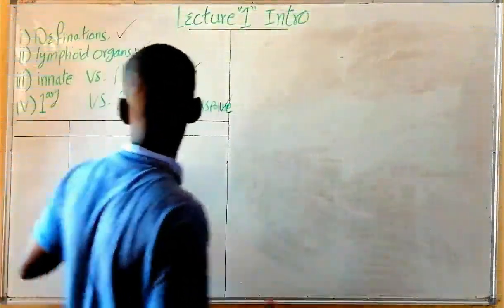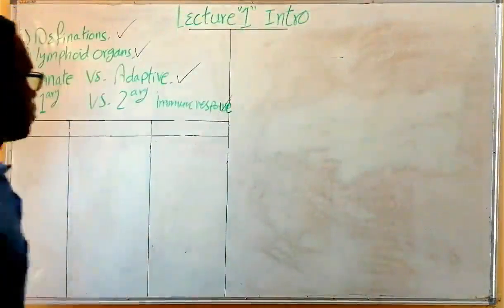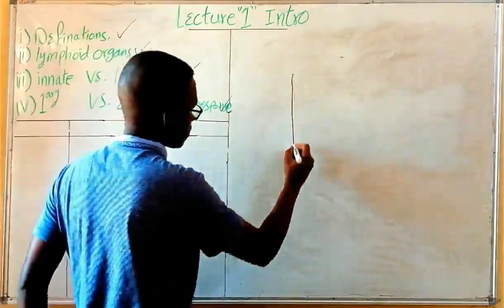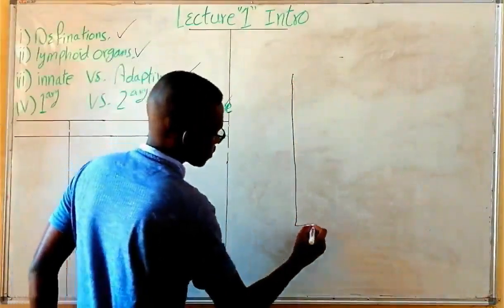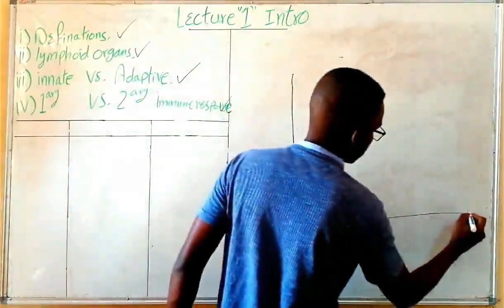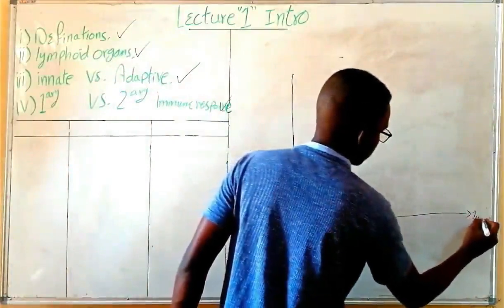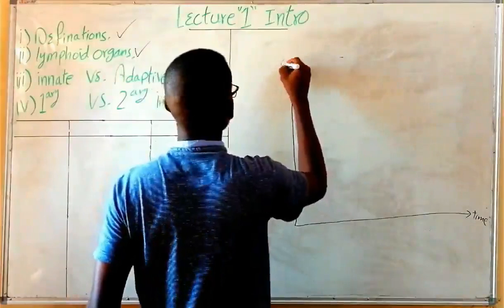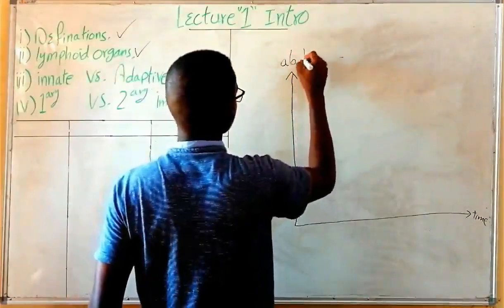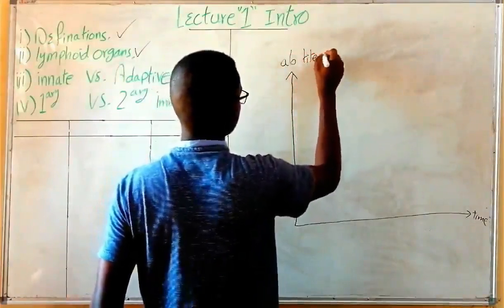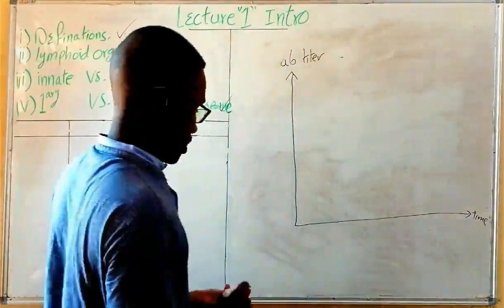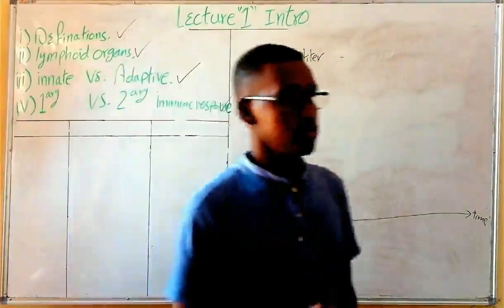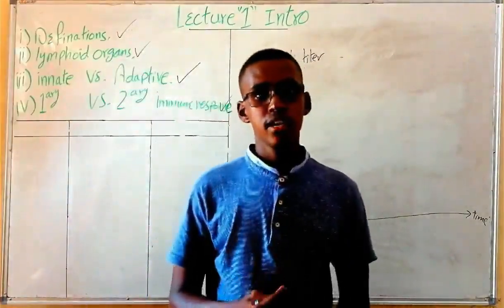So also we have the table. I will draw it, then we can fill the table together. This is a curve. You have the time, and you have antibody titer. Well, the adaptive immunity is involved with the process of antibody production.